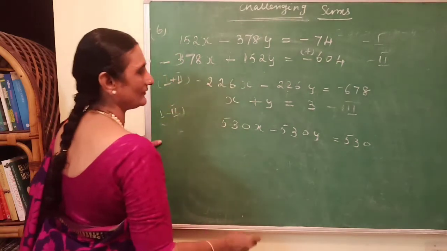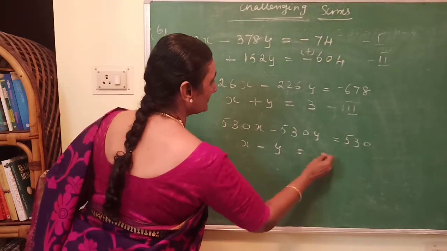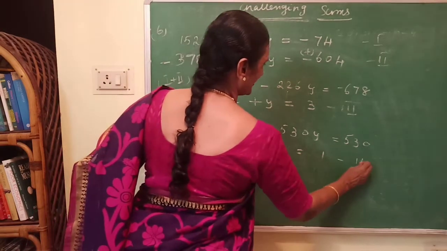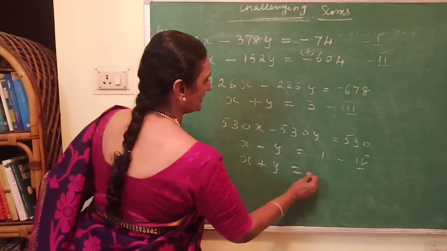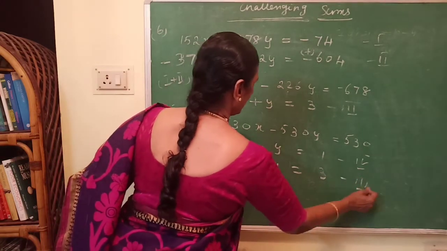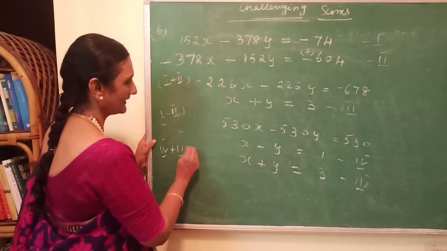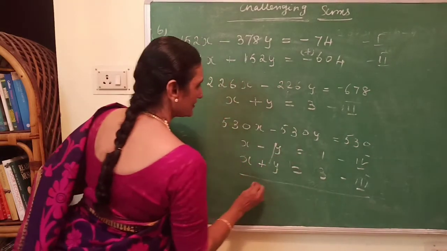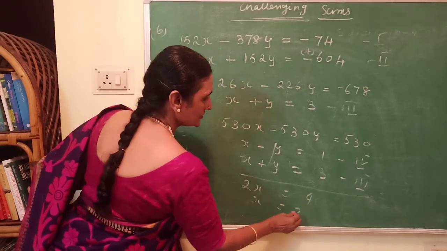Throughout I am cancelling 530, I will get x minus y is equal to 1. So this is your equation 4. And equation 3 is x plus y is equal to 3. Now simple addition, 4 plus 3 gives you 2x is equal to 4, x is equal to 2.